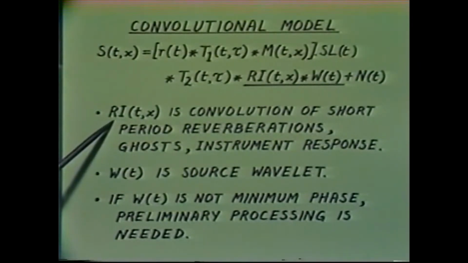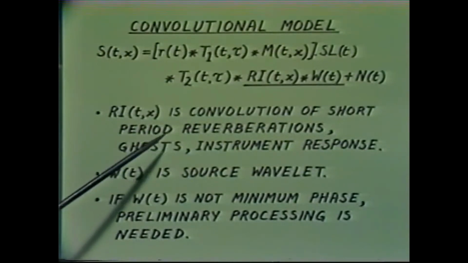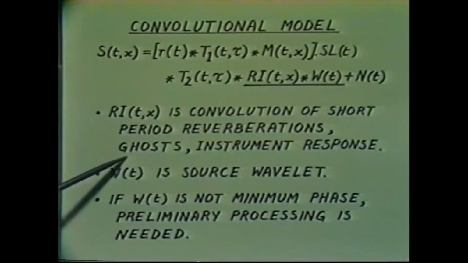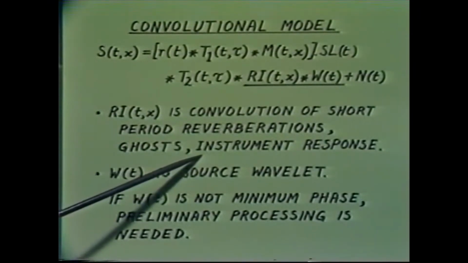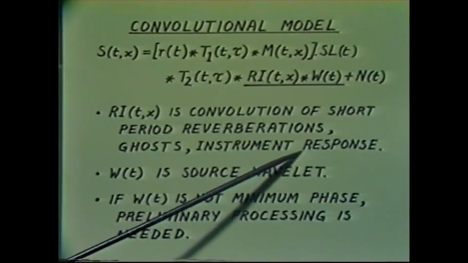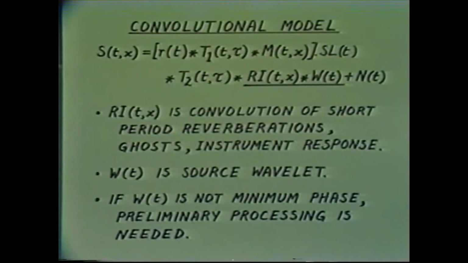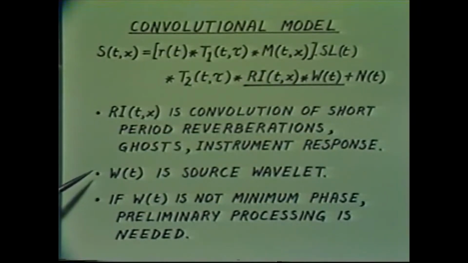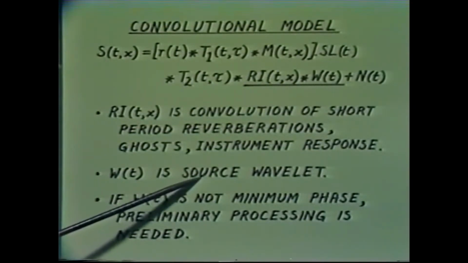Ri is the convolution of several things: the short period reverberations, ghosts, and the instrument response. That's really the total recording system response. The other term which designature is designed to correct is W, which is the source wavelet.